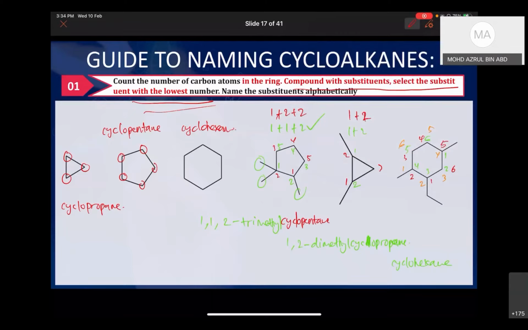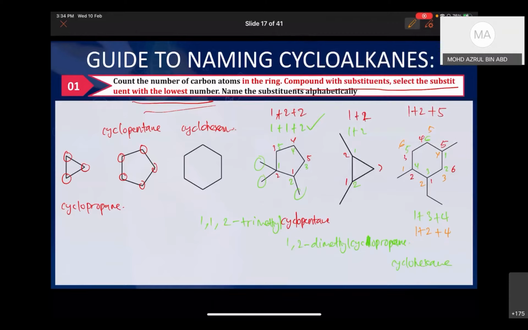So 1 plus 2 plus 5 for the red one. If I follow the green one, you will get 1 plus 3 plus 4. And the orange one, I can get 1 plus 2 plus 4. So which one is the lowest number?